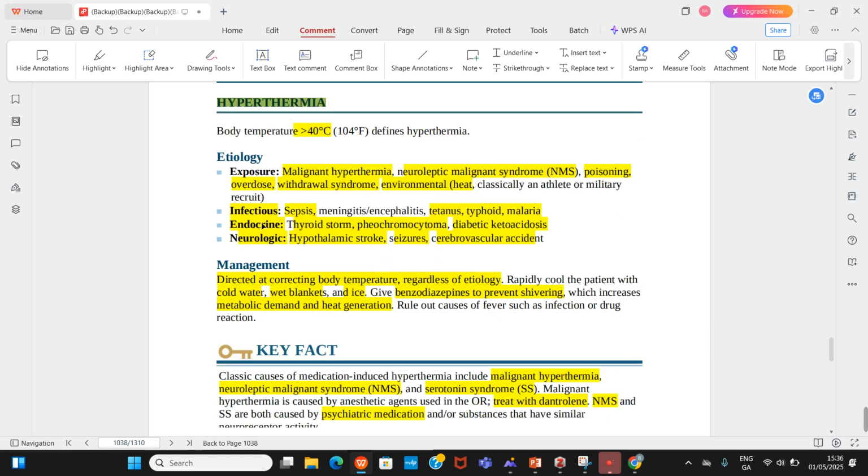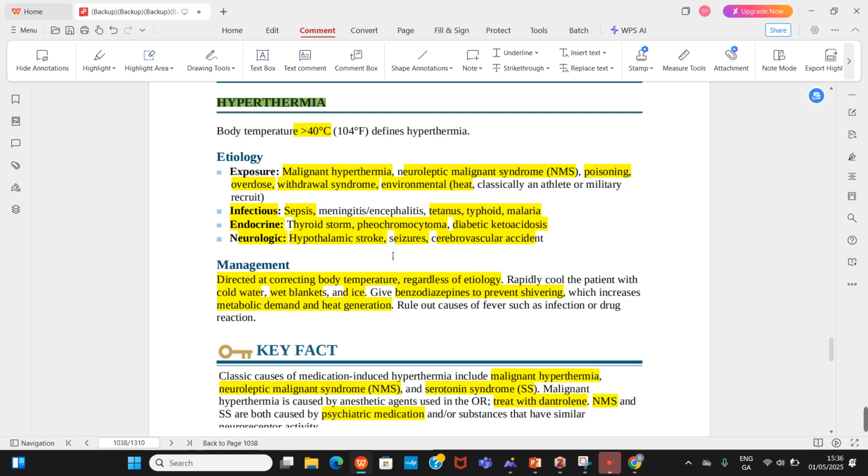The other causes include infections like sepsis, meningitis, tetanus, infection generally, cerebral malaria. Endocrine causes: thyroid storm, pheochromocytoma, all these things with adrenergic activity. Neurologic problems too, when there's destabilization of the regulatory mechanism, because the brain is the one coordinating the body temperature.